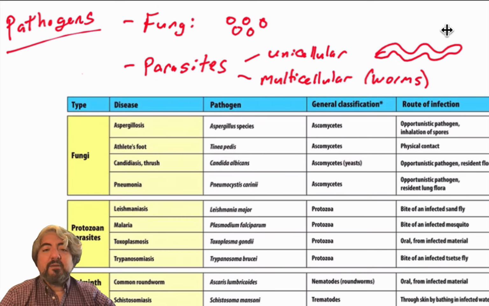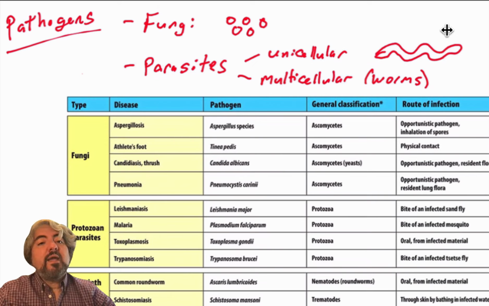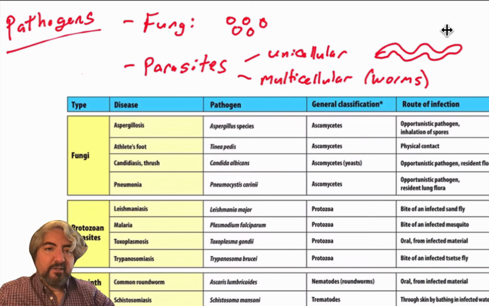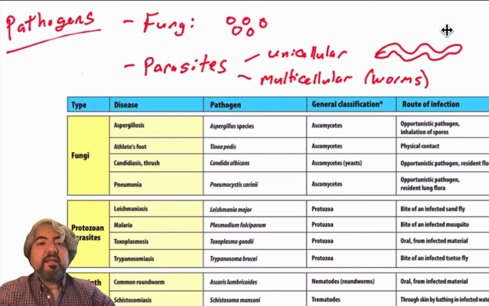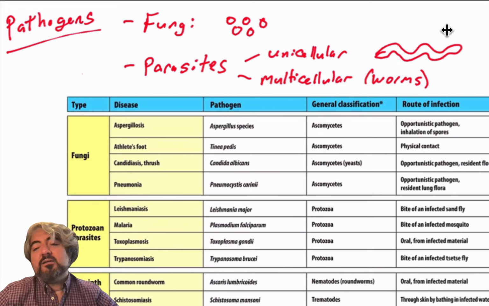So the immune system has to be able to identify these multicellular organisms as well. It's a little more challenging to identify fungi and parasites because they're eukaryotes. We are also eukaryotes. So the immune system has developed mechanisms to try to distinguish between our cells and cells like fungi and parasites, which can look similar to our cells.